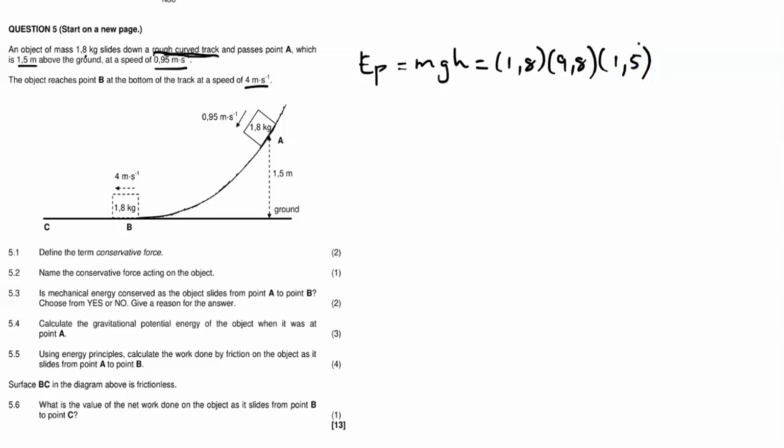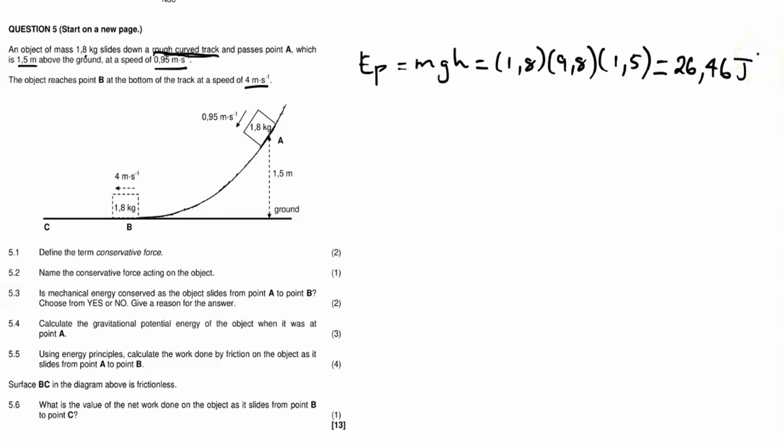You punch that on your calculator, get the answer, and move on to the next question. The answer for this one is 26.46. Since it's energy, it's measured in joules.